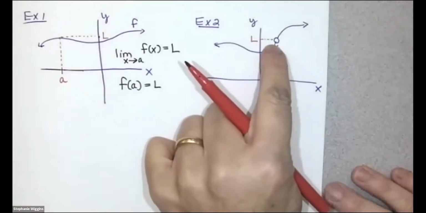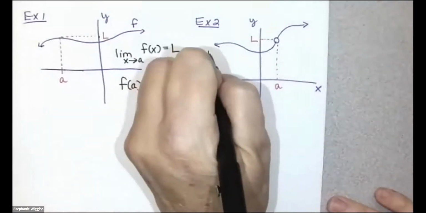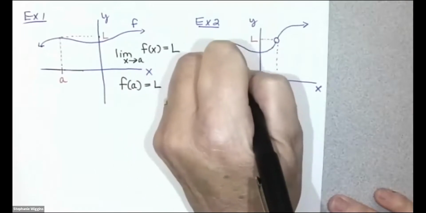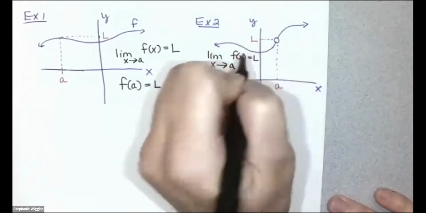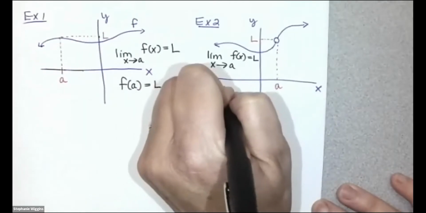The difference is we have a hole there, but we can still say that the limit as x approaches a of f of x is equal to L, but we cannot say that f of a equals L.